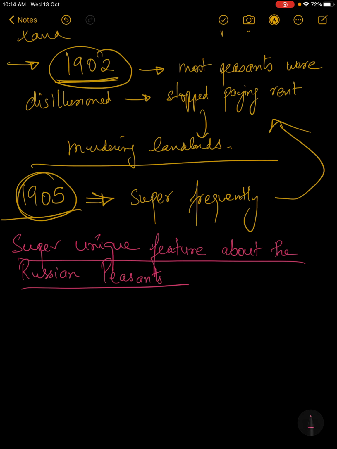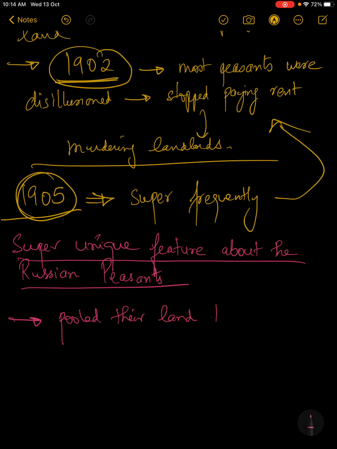Peasants that were living together in a certain geographical area came together, and what they did was they pooled their land together.